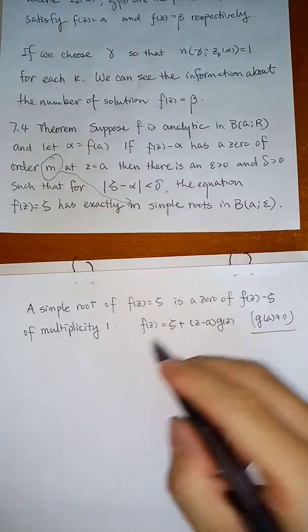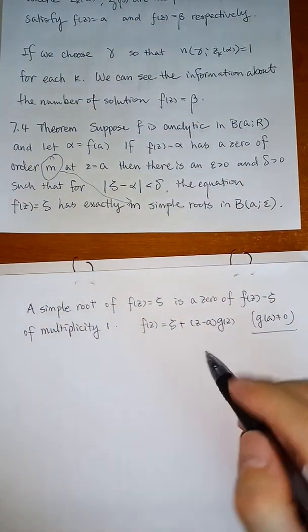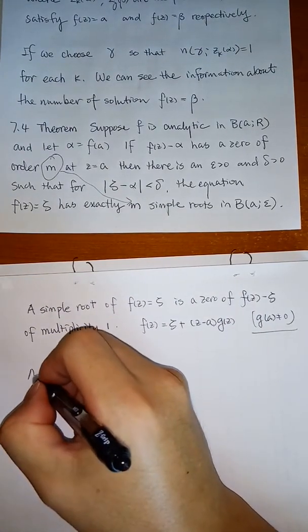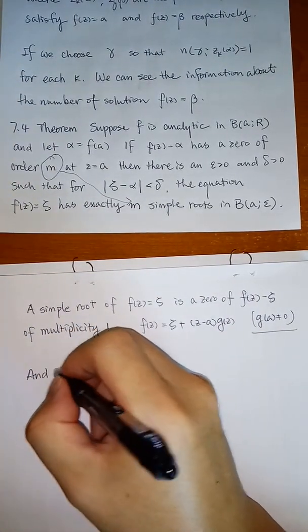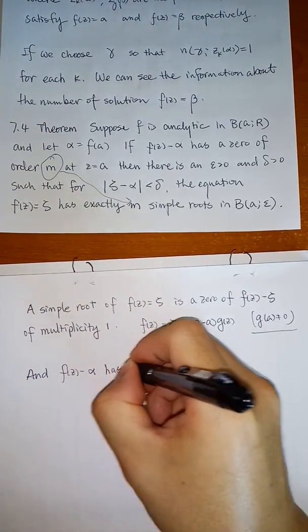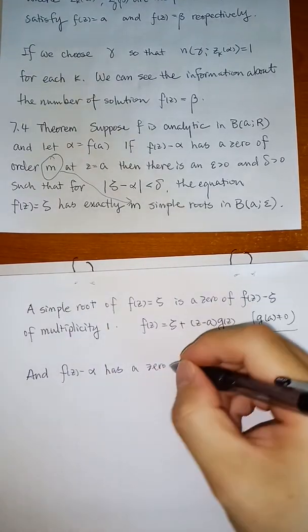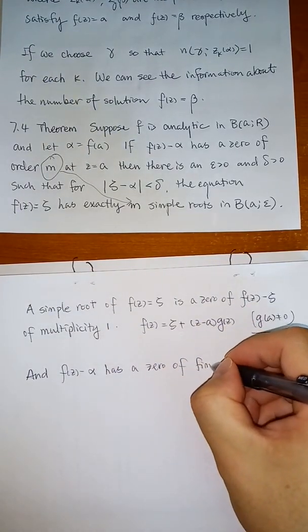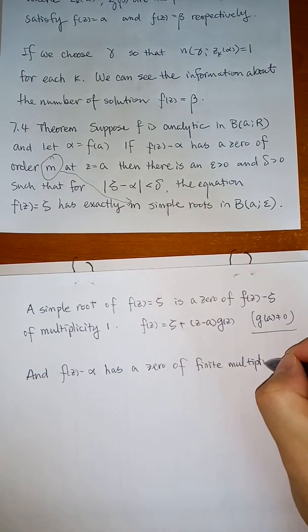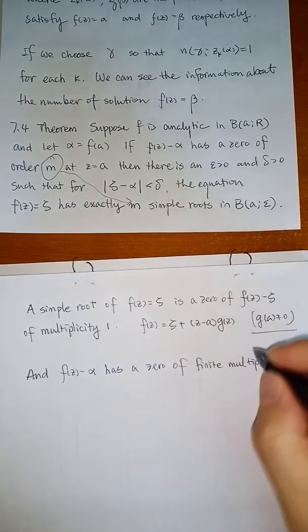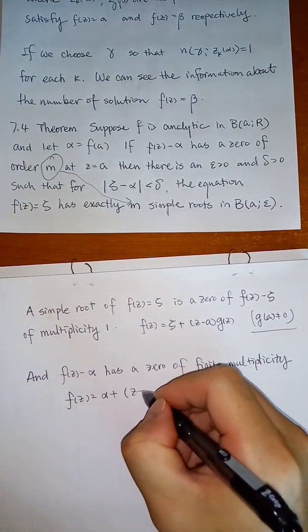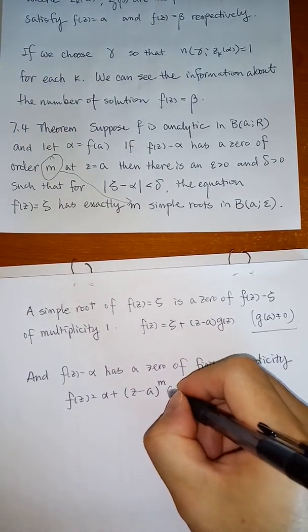That's a simple root. And f(z) minus alpha has a zero of finite multiplicity, so f(z) is equal to alpha plus (z minus a)^m times g(z).